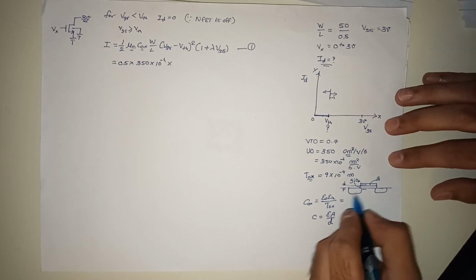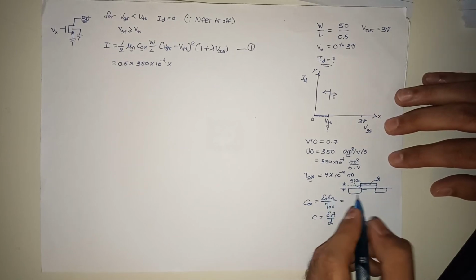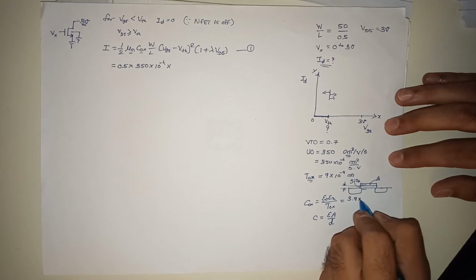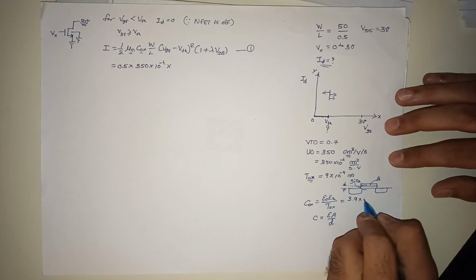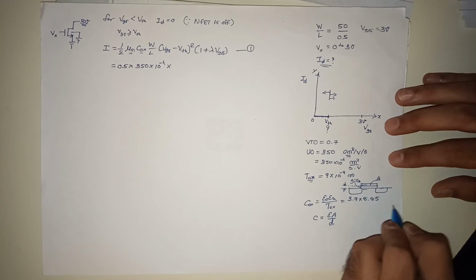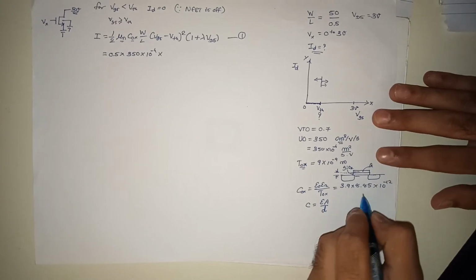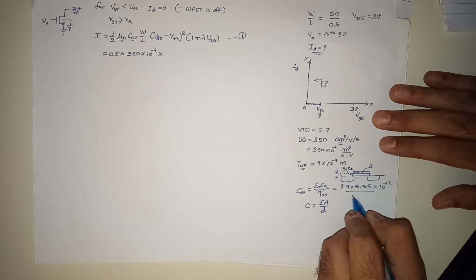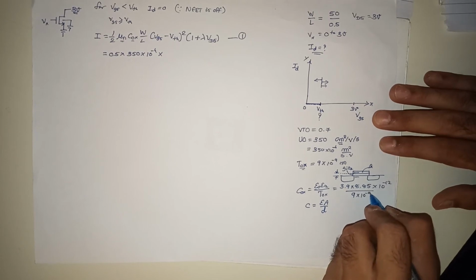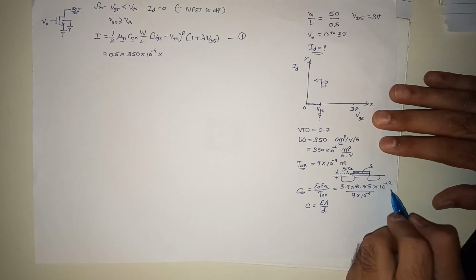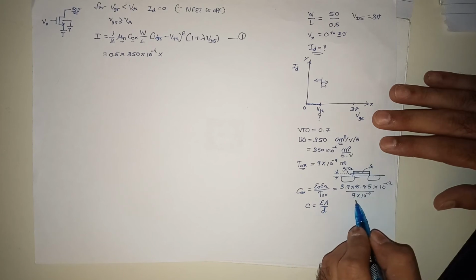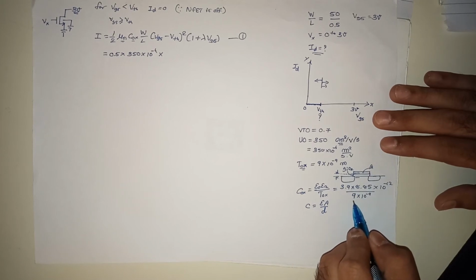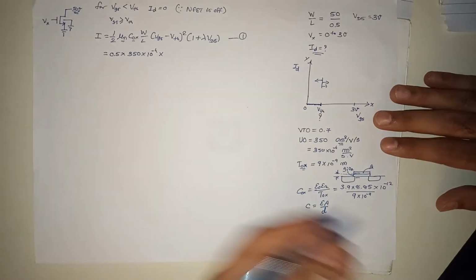So if you find the epsilon 0 epsilon R value, it will be 3.9, the relative permittivity of SiO2, into 8.85 10 raised to minus 12. This is Farad per meter square, so this is again common. We converted it to meter square here, and this is in meter, so we don't need to convert it.